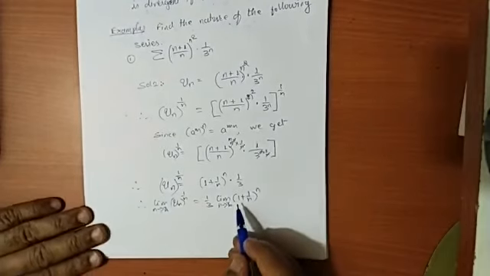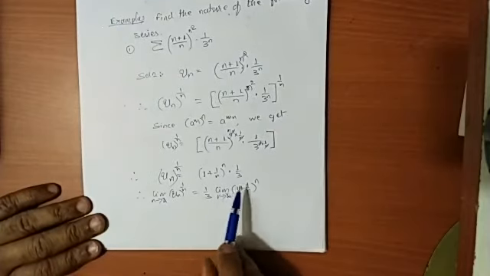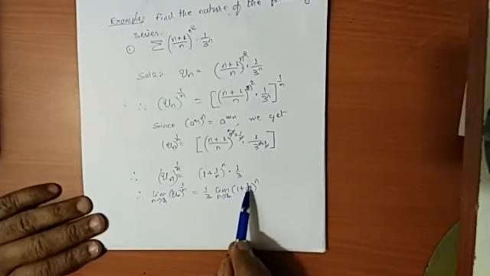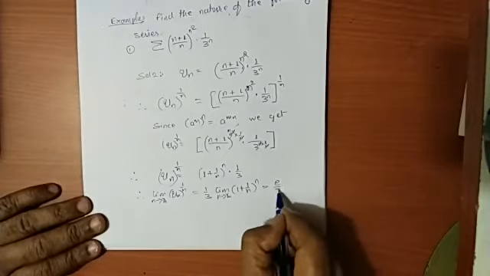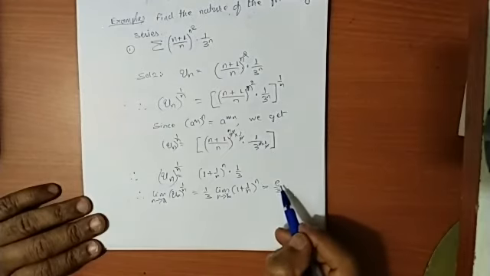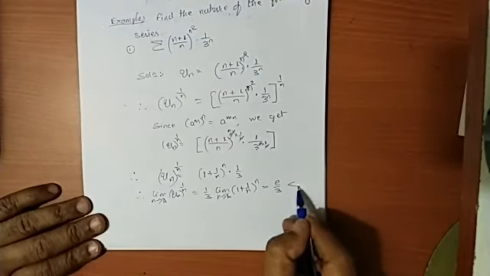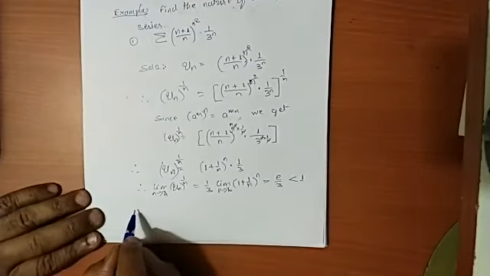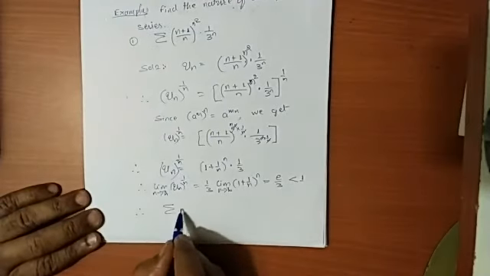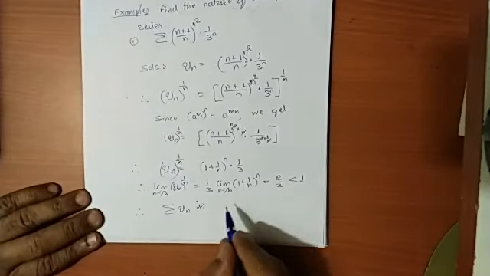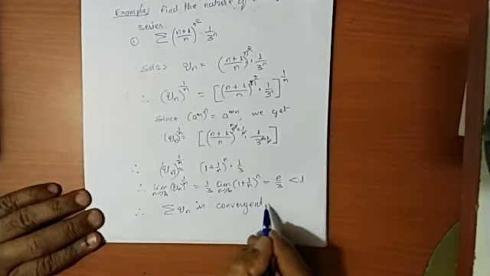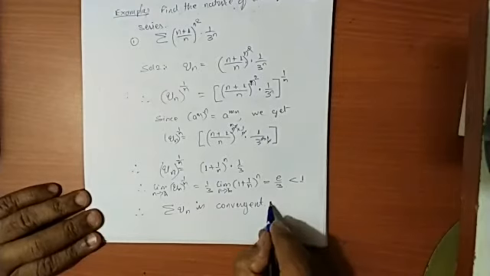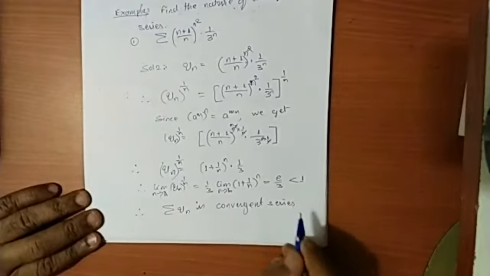As I told you at the beginning, we make use of 1 plus 1 by n raised to n equal to e. So this is e by 3. e is 2.7 something, so definitely it is less than 1. Therefore, sigma un is convergent. It is a convergent series.